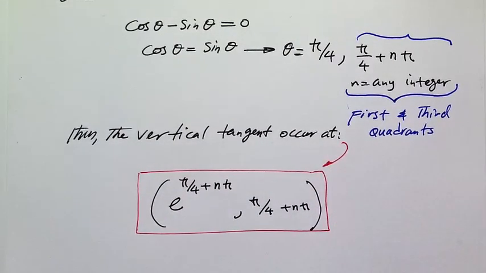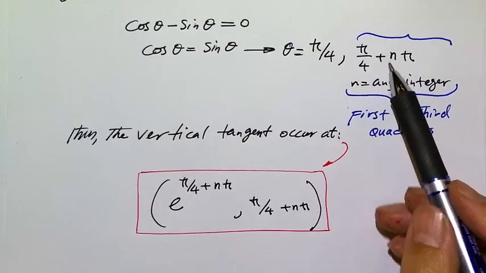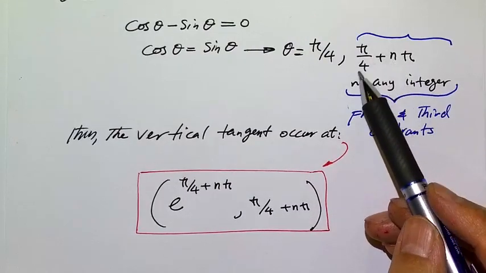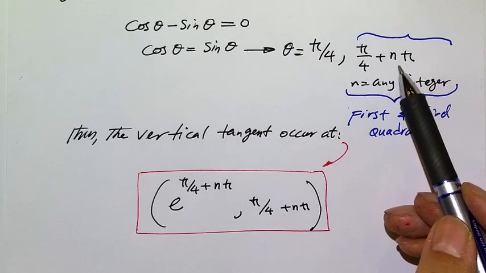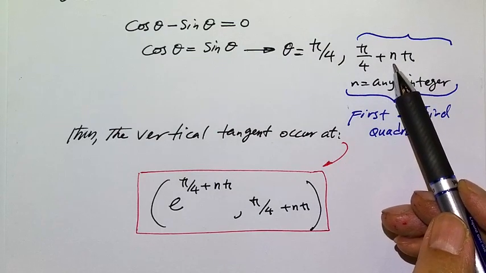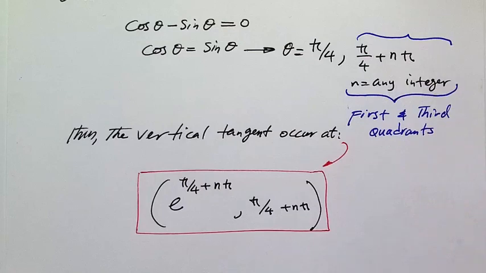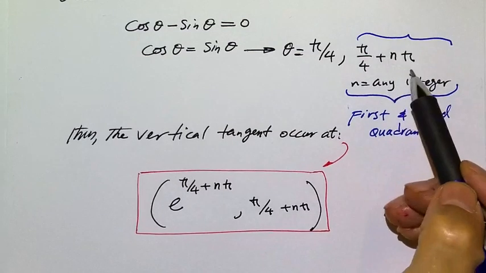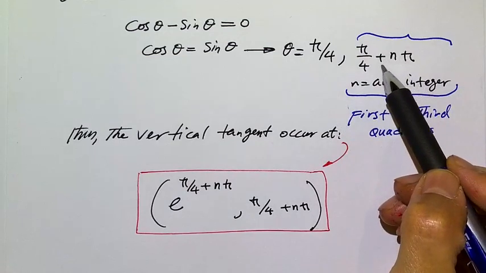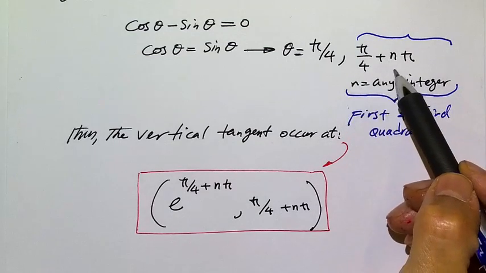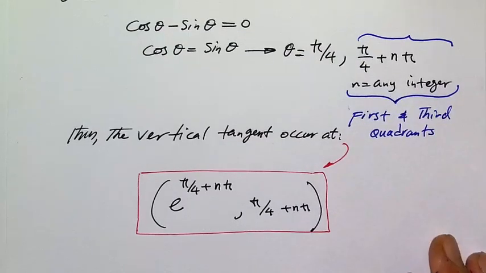So if you want to give this more specifically, it'll be pi over 4 and 5 pi over 4. Sorry, I think earlier I said 3 pi over 4. I apologize. It's pi over 4, and in the third quadrant it would be 5 pi over 4.